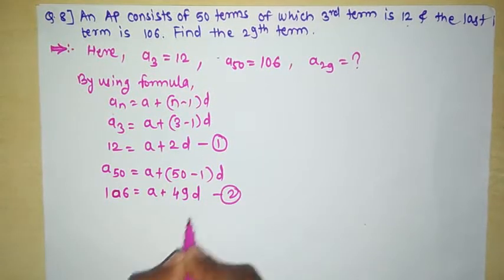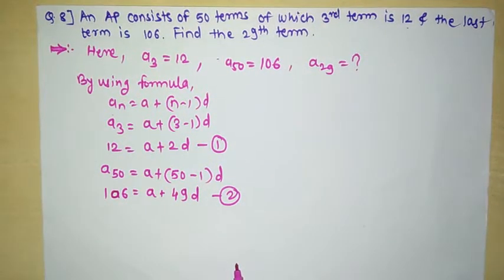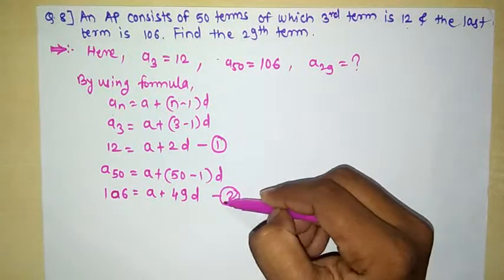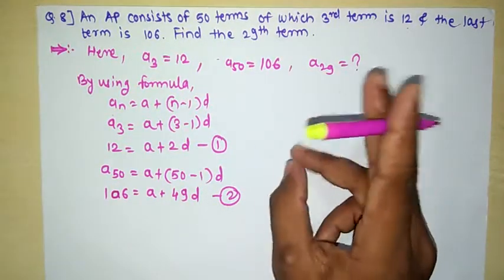This is equation number 2. Now by using the elimination method, we can find the values of a and d using equations 1 and 2, which are linear equations in two variables.